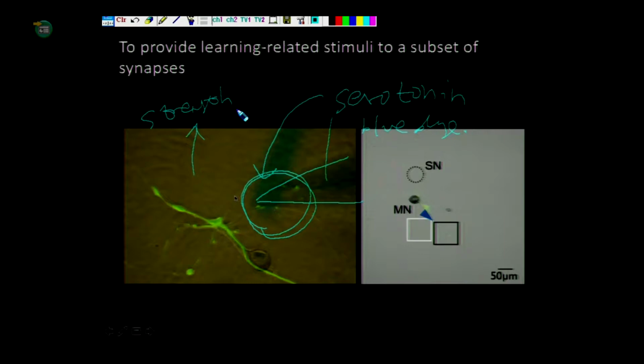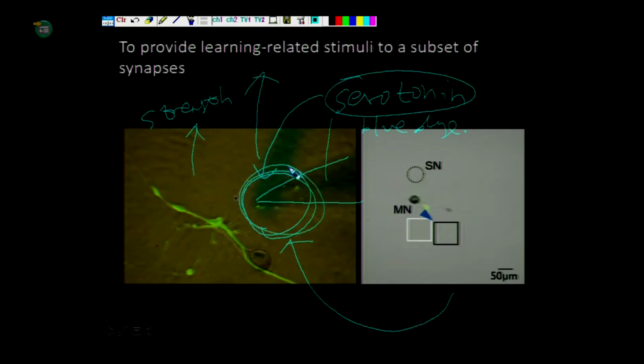And we know that when these animals are learning, the interneurons in these animals will release serotonin. So now, again, with all these elements, we provide a little pipette to puff on the synapses. We have a blue dye, and then we put up a pump to wash away the blue dye from the stimulated sites so that in the same neuron, only one set of the synapses will be stimulated, and this set of the synapses will not be stimulated.